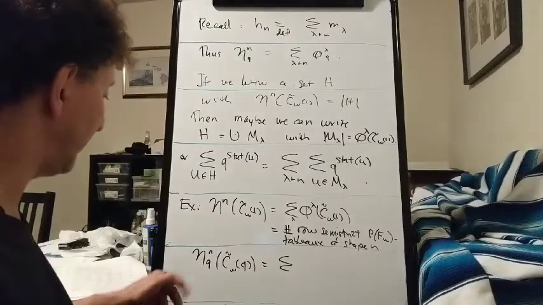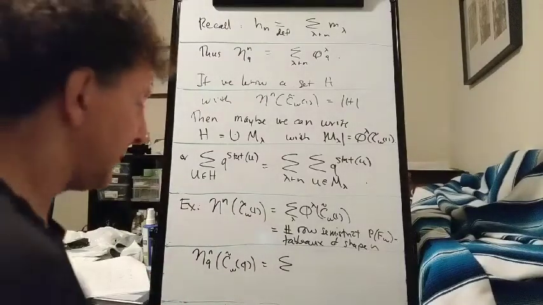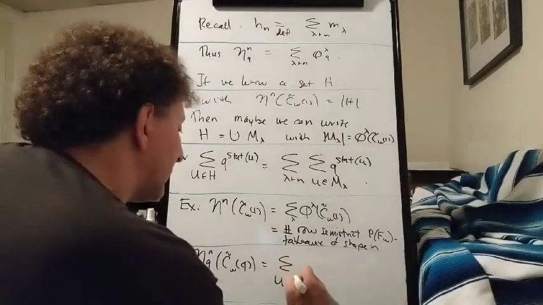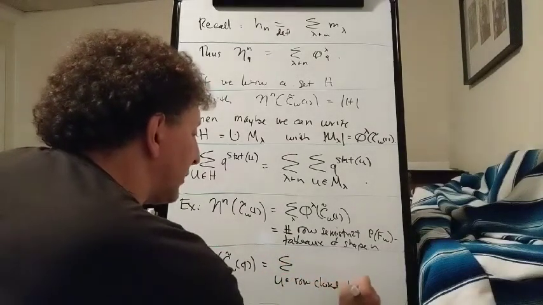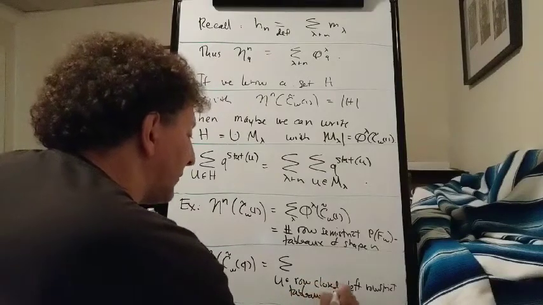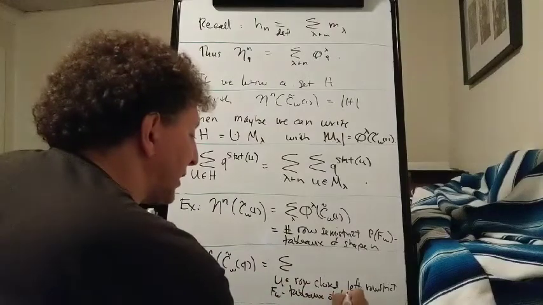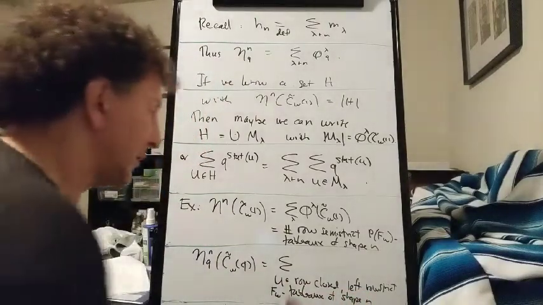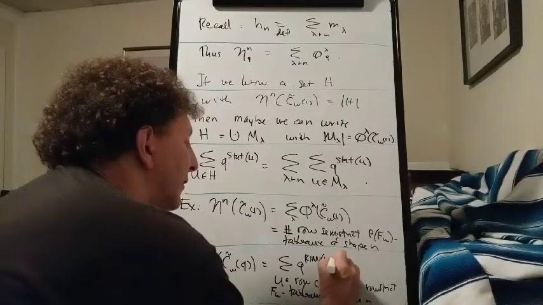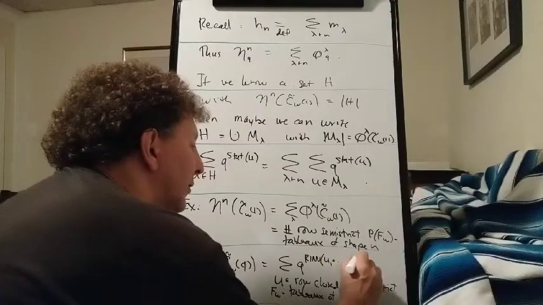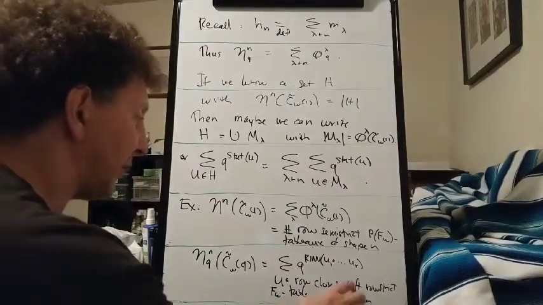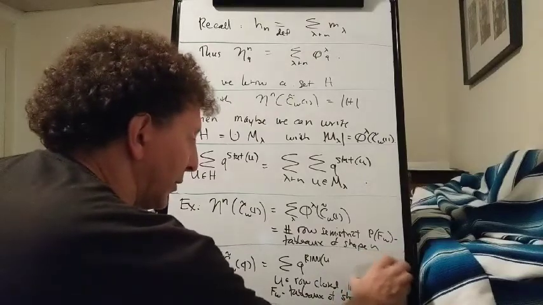the evaluation of the trivial character of the Hecke algebra at the Kazhdan-Lusztig basis element is a sum over row closed, left row strict FW tableaux of shape n, Q to the number of right inversions in U1 concatenated with U2, etc. Actually, if this is just a tableau of shape n, then we don't need to concatenate anything because it already is a one-row tableau.